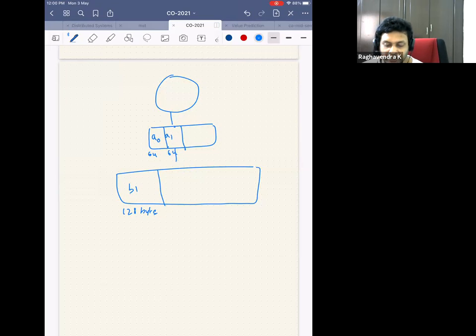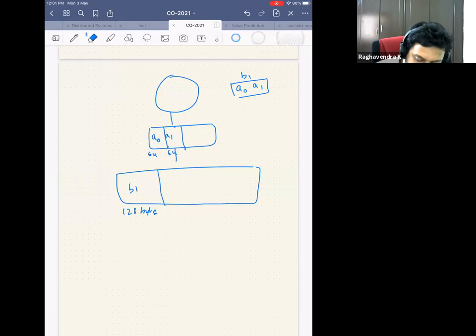So what you are asking is, should I bring 128 bytes or 64 bytes from main memory? Let's say B1 is made up of A0 and A1. That's what you are asking, right? Let's say the request was for A0. Can I bring only A0? Is that the question? Yes, sir.